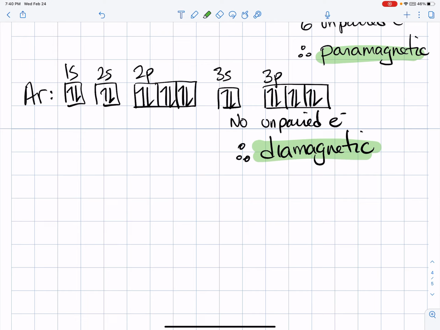Okay? Now, before I leave you, let me just show you other ways of drawing orbital diagrams. I've been drawing them with boxes and arrows. Some textbooks will draw them a little bit different, but it's the same thing. Instead of a box, they might put a line, and they might say 1s, and then they'll put 2 arrows, 1s2. Then they'll put another line, 2s2. And they'll put 3 lines side by side. There's your 2p.